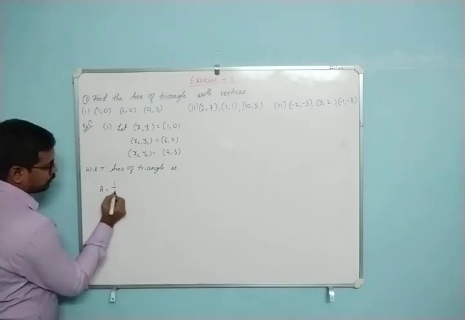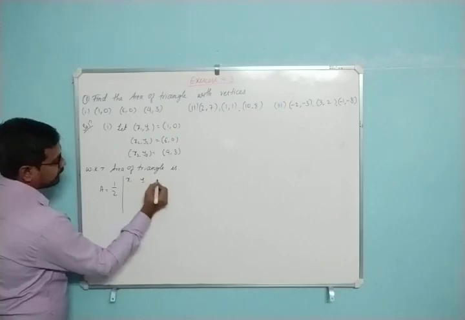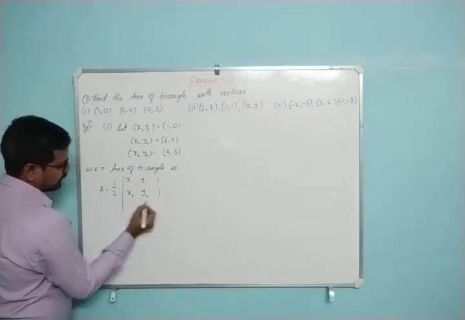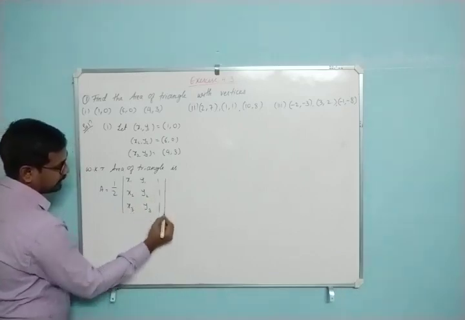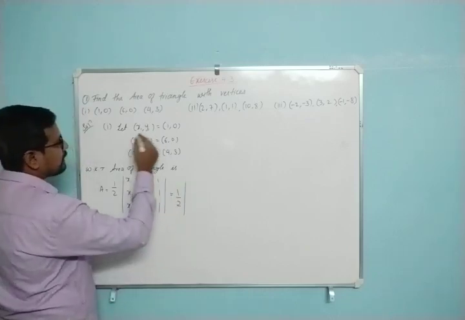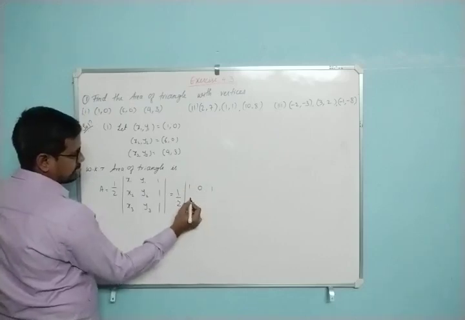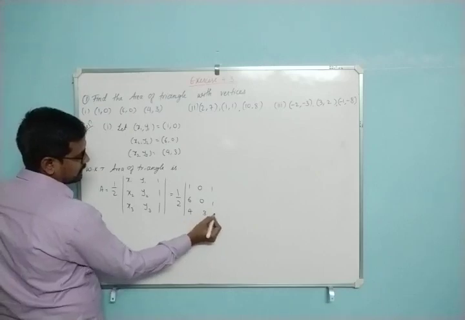A is equal to half into the determinant with rows x1 y1 1, x2 y2 1, x3 y3 1. So this will be half into the determinant with rows 1 0 1, 6 0 1, 4 3 1.